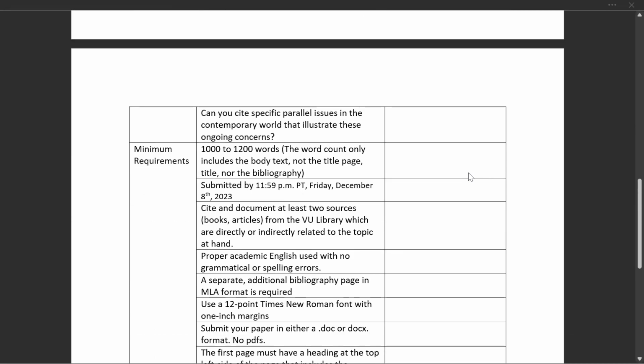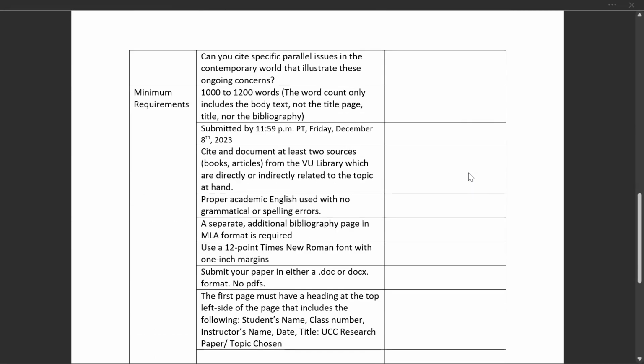But remember, the minimum requirements, not meeting those could result in severe penalties to your grade, like being under the word count, for instance, missing the deadline, especially at the end of the term where there's not a lot of time for me to get the grades in. Make sure you get it in on time.